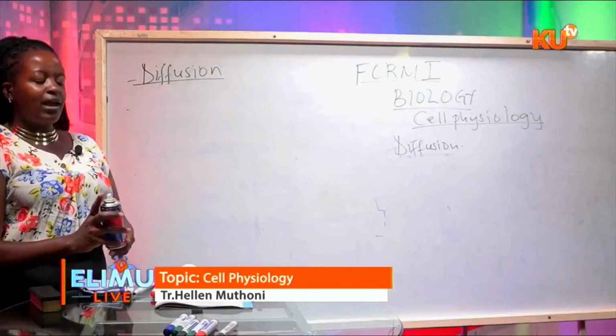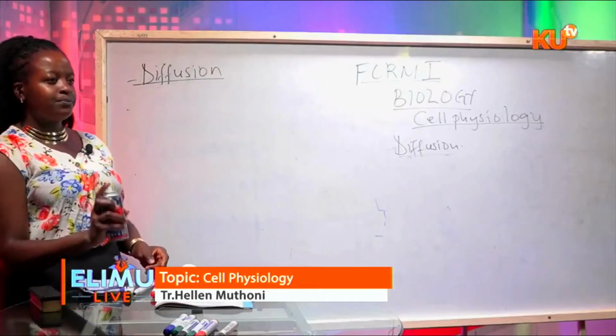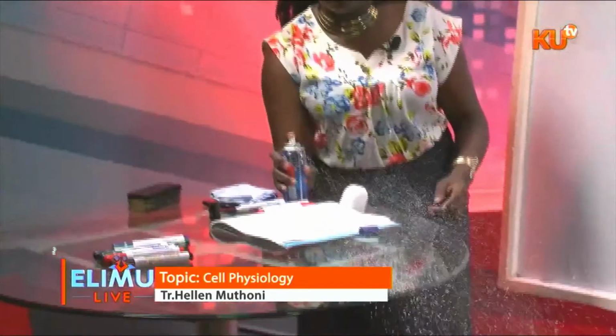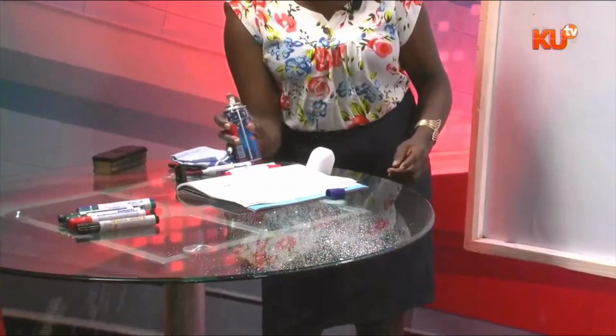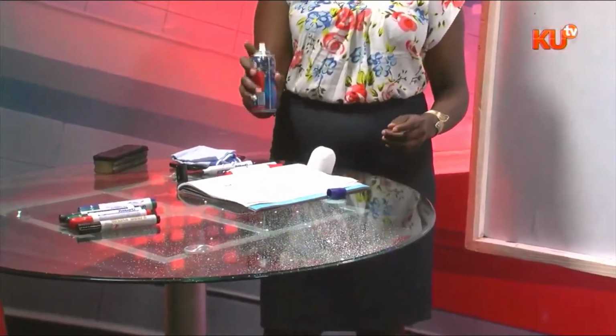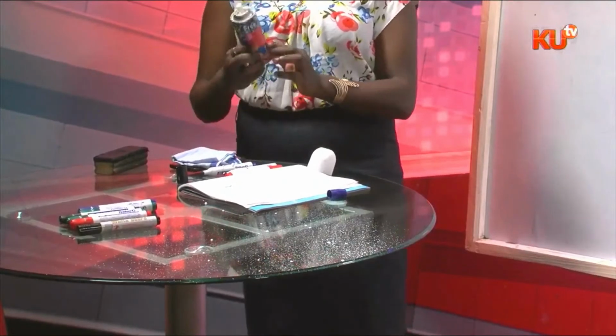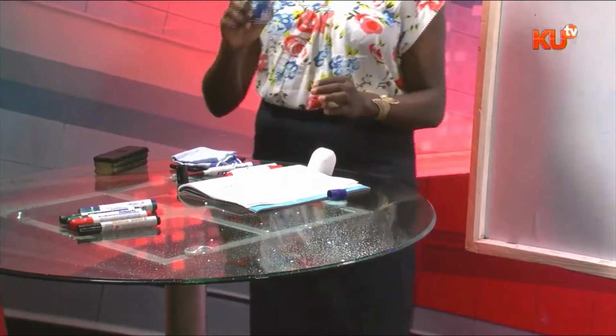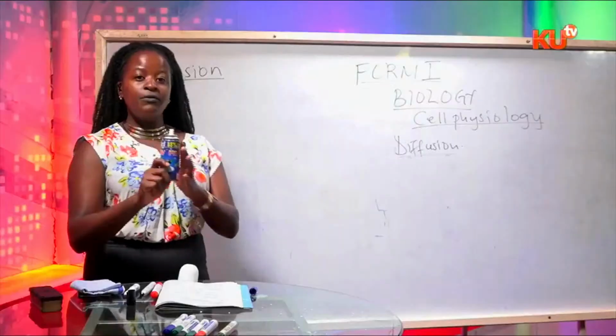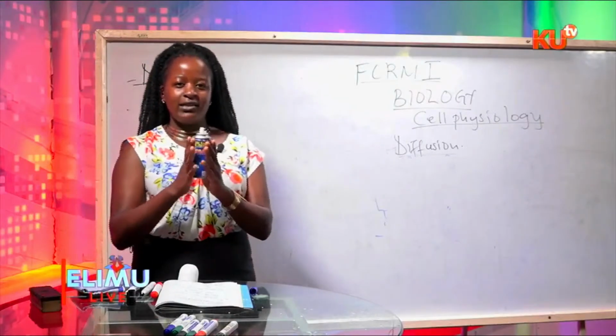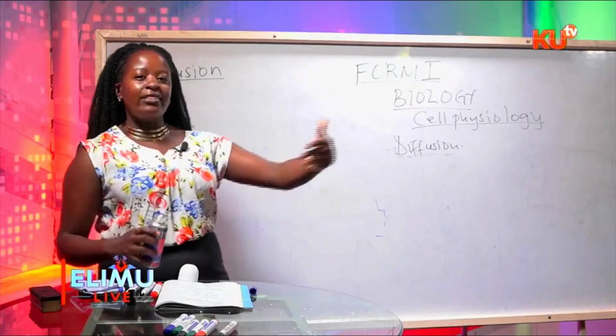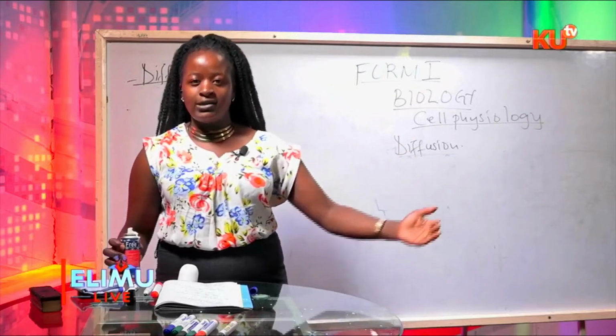So what I'm going to do, I'm going to spray, and let's observe what will happen. So I have sprayed. What has happened? The snow has moved from its region of high concentration to another region of low concentration.